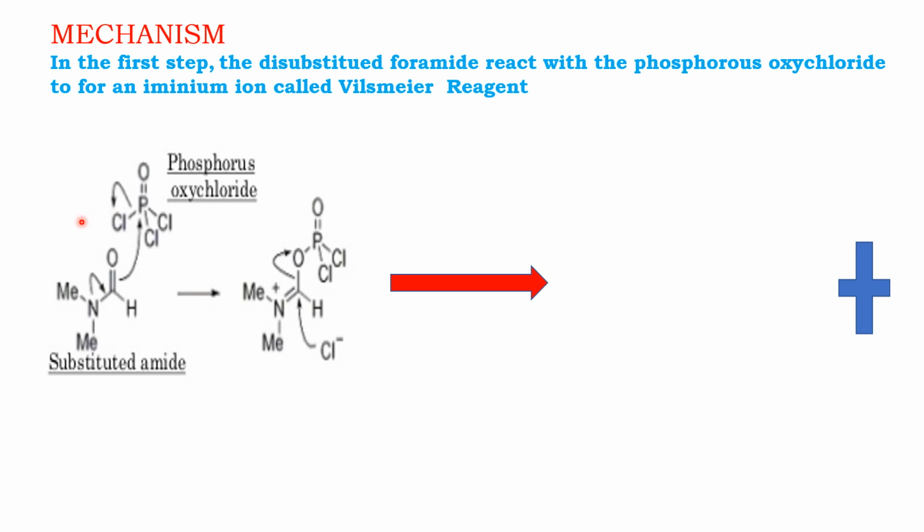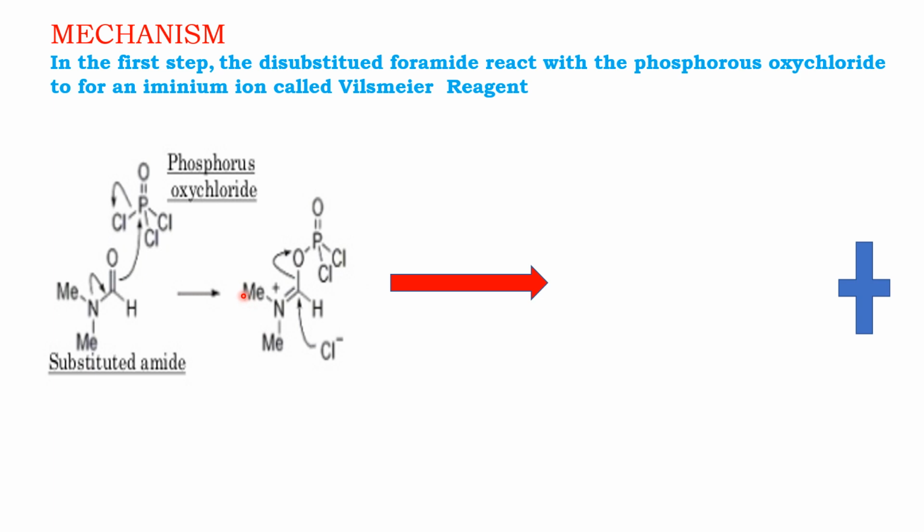You write along with me, please. Draw this substituted formamide. Show the lone pair of electrons over nitrogen. Then show the arrow mark. It is shifting between nitrogen and carbon. As a result, the carbon double bond gets O minus. This O minus will attack the phosphorus, and when this O minus attacks the phosphorus, Cl minus will be eliminated.